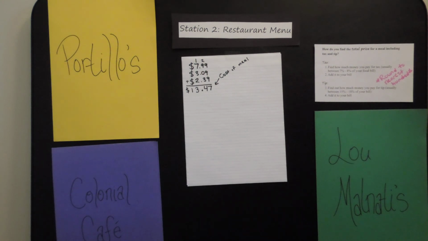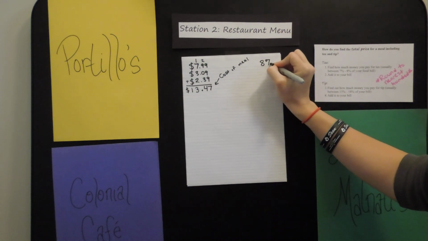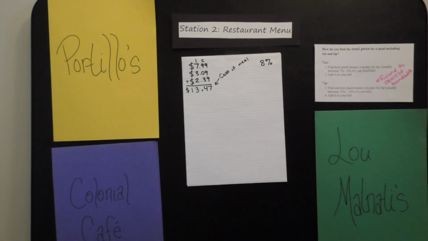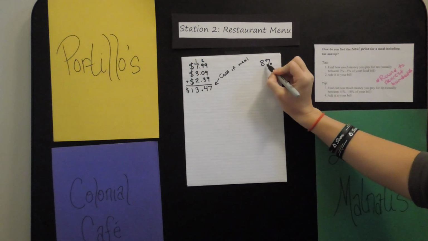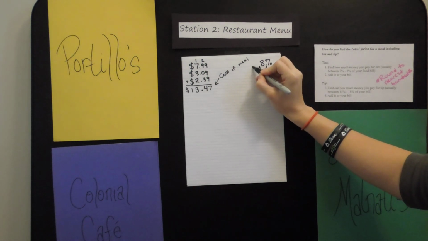Next, you will need to calculate your tax, and tax on a meal is usually 8%. So in order to calculate the tax of our meal, we will need to change 8% first into a decimal. So our decimal will start right here on the outside of the 8, and we'll need to move to the left 2 times, so it'll be right here.